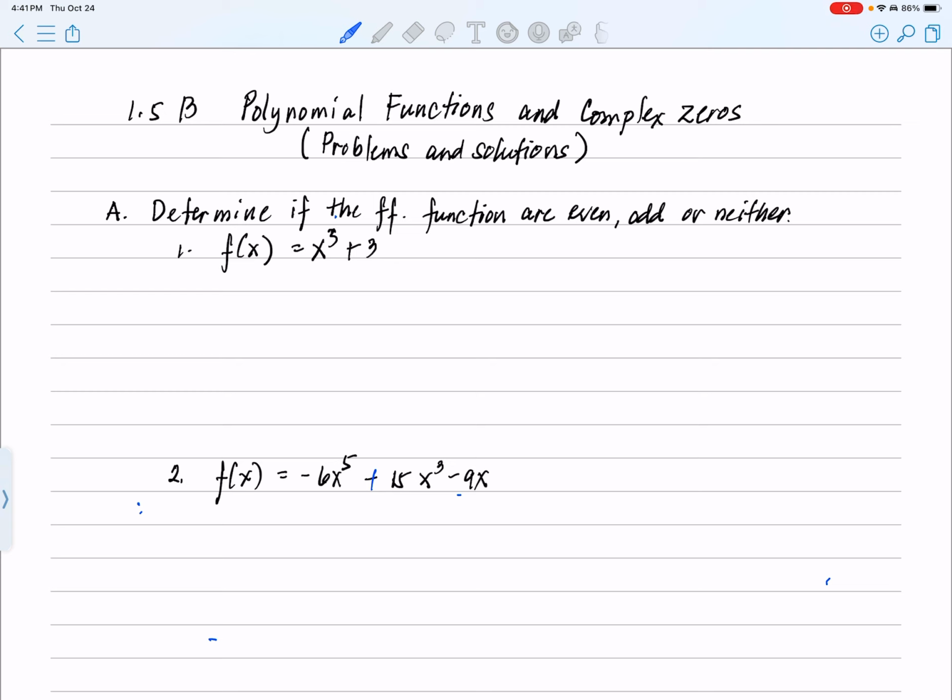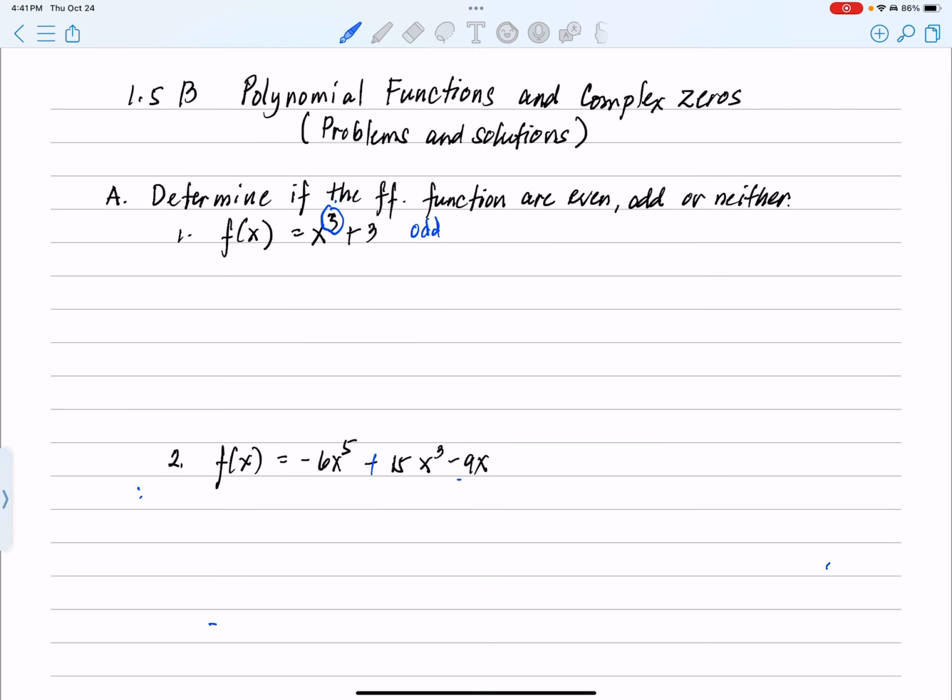So as I've said, the first thing that I have to look at is the degree of the function. Like here, the degree is 3. I could firstly say that this is odd, but I have to verify and check if it goes with the rules of having an odd function. Okay, let's verify. When you say it's odd, then f of negative x would be equal to the negative of the function of x.